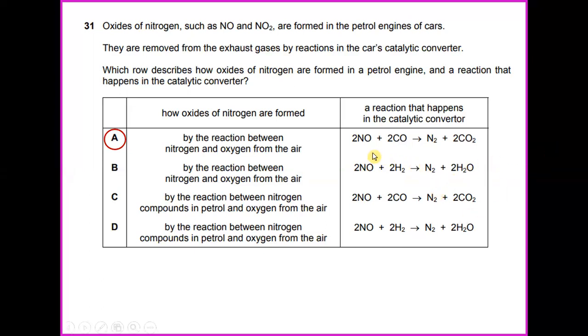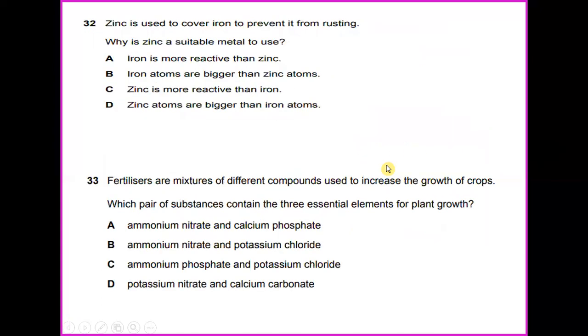When the nitrogen reacts with oxygen from the air, it will form nitrogen and carbon dioxide. So the answer of this will be number A.